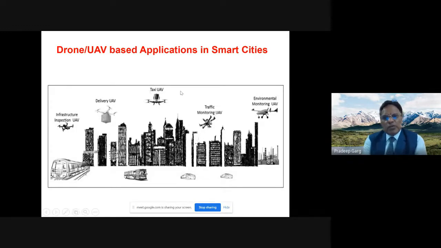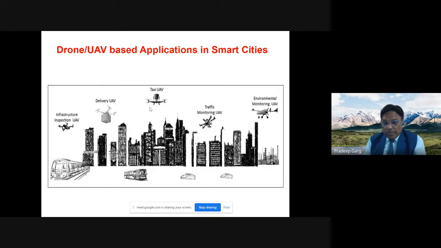This area is growing in a very big way, and there are tests which have already been conducted in Singapore and other countries, and they are successful. These drones are successful in carrying 5 to 6 people up in the air. They will fly at low altitude, and they can be used as a taxi also.